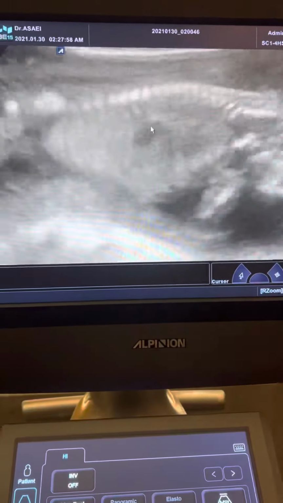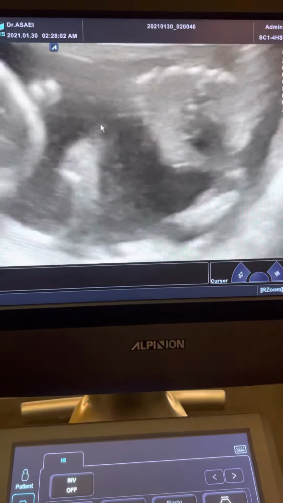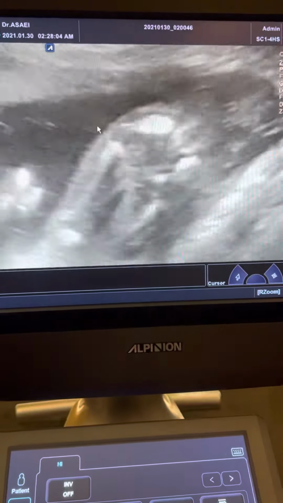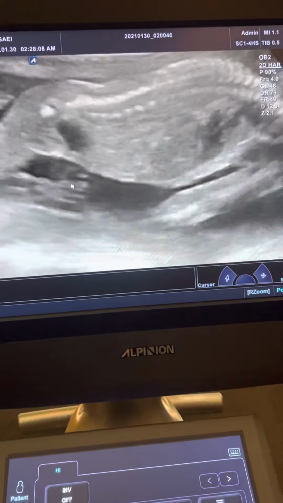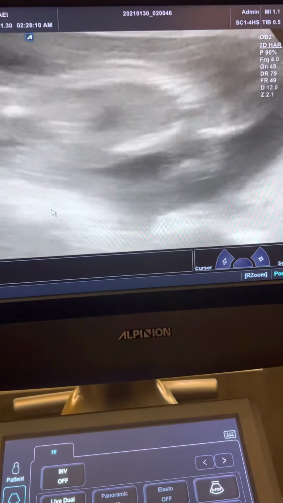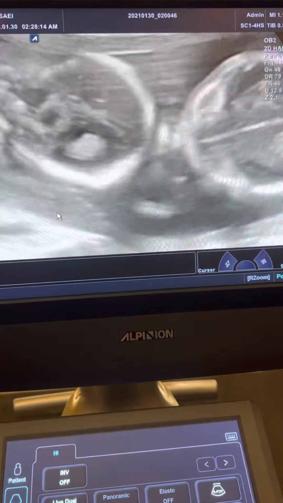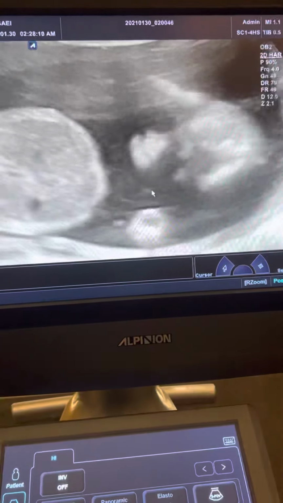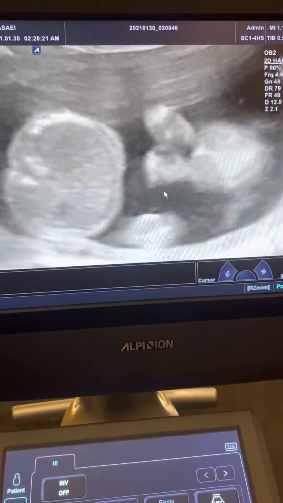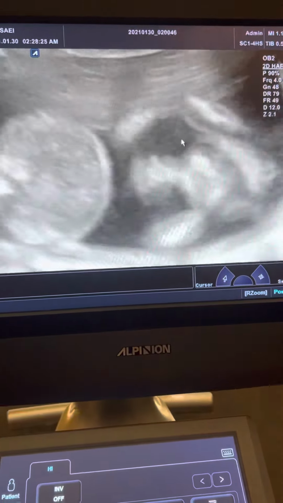So everything in all the 3 fetuses are normal. Of course, we'll check all of them many times in different positions. When the fetus change position, we can check it more and more, but here we had a short review.